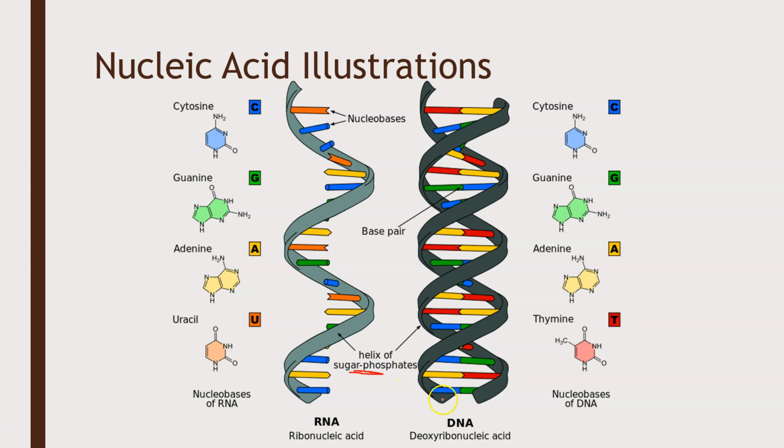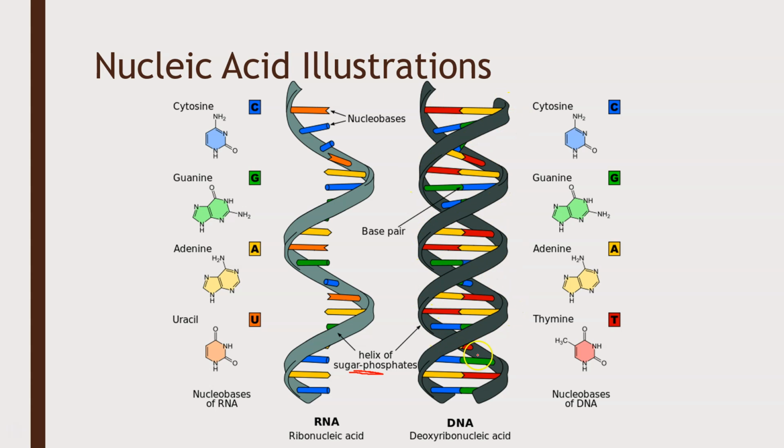On DNA, this is where the deoxyribose sugar is found along with phosphate. And on RNA, this is where the ribose sugar is found with a phosphate. Those two parts make up a nucleotide, which we'll take a look at shortly. As you can see, RNA is single-stranded yet still twisted in a helical shape. DNA is double-stranded, twisted in a helical shape.